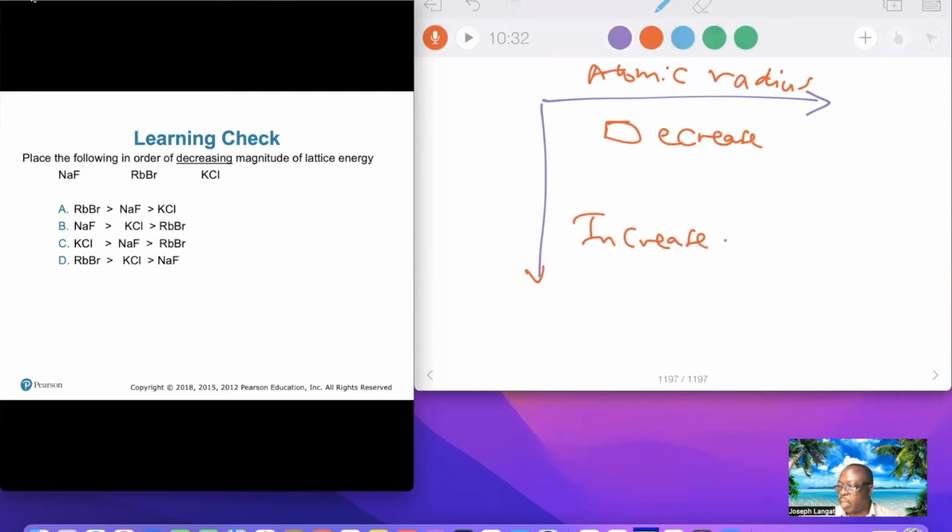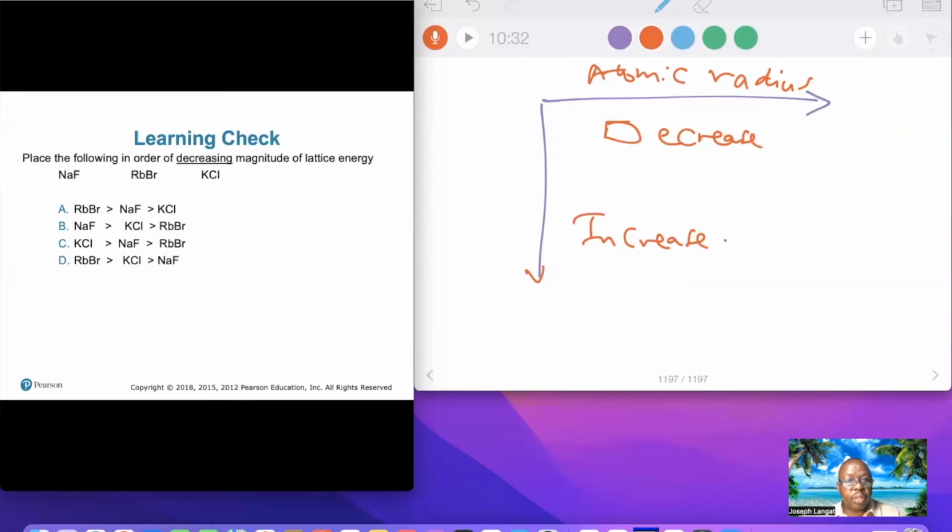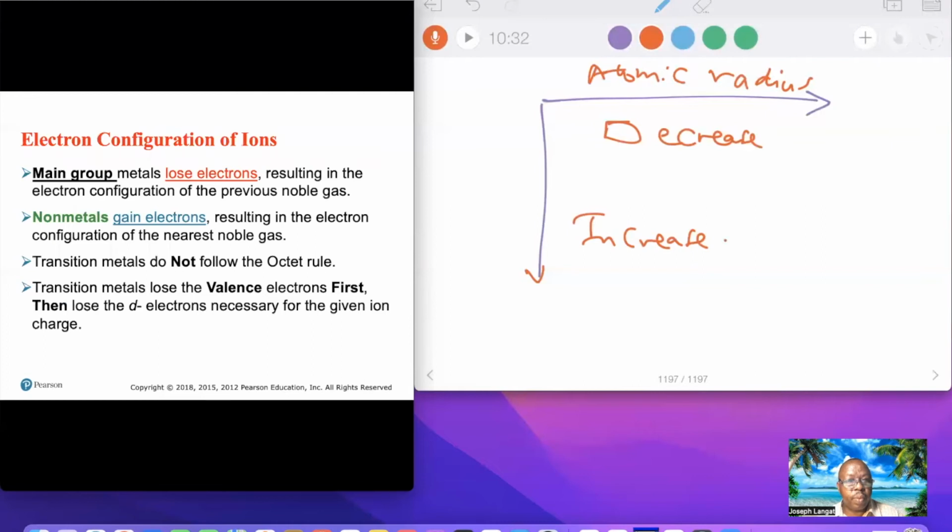As you put it, it will help you in making a conclusion. It's just based on what we look at here. The trend on atomic radius and ionic radius, we looked at earlier on in chapter 7, periodic trend. Correct answer is B.